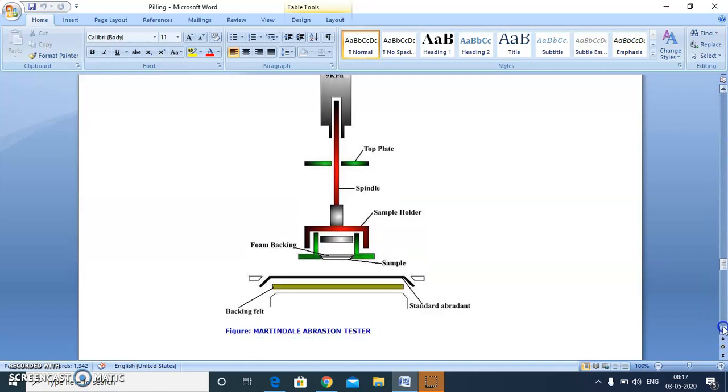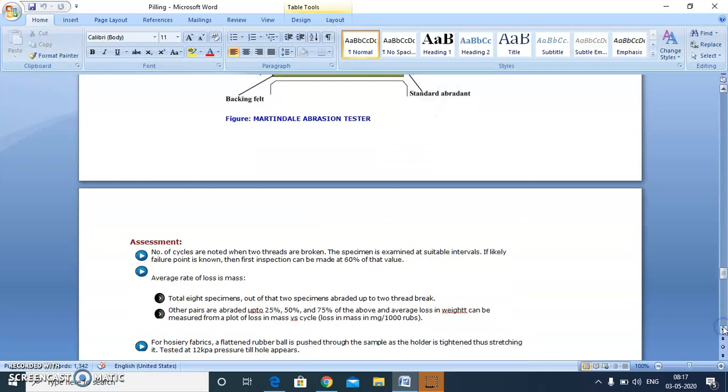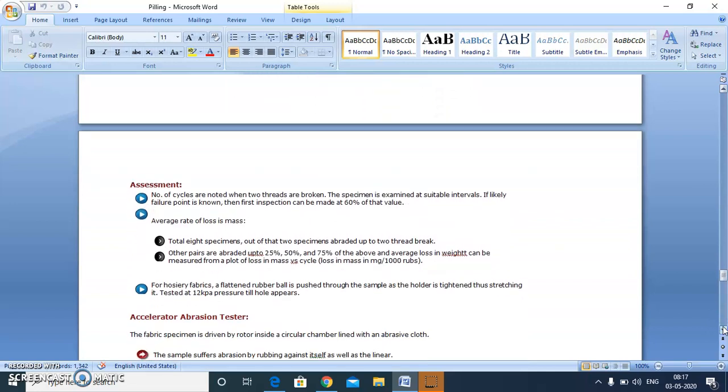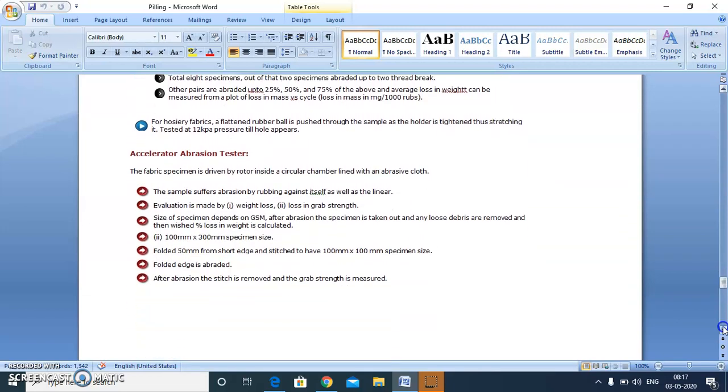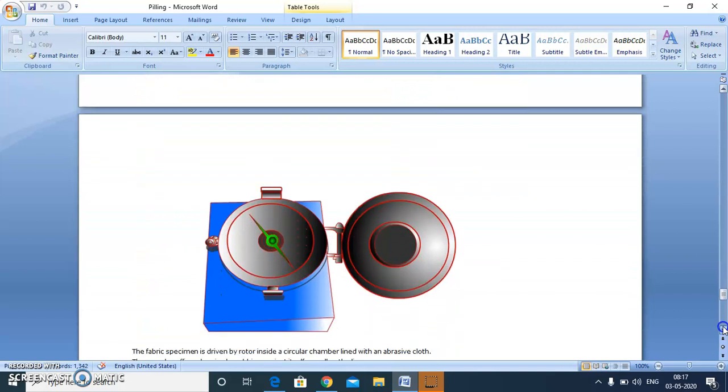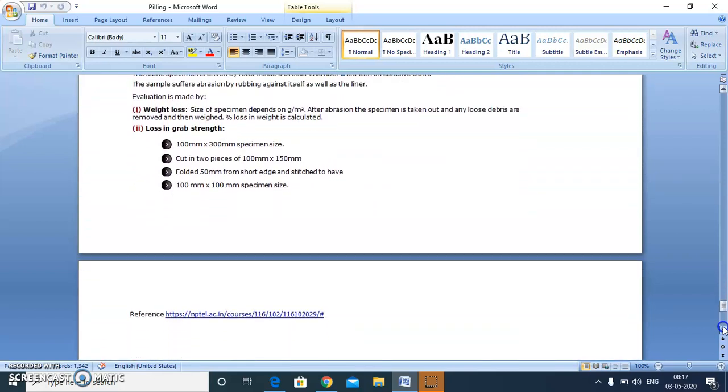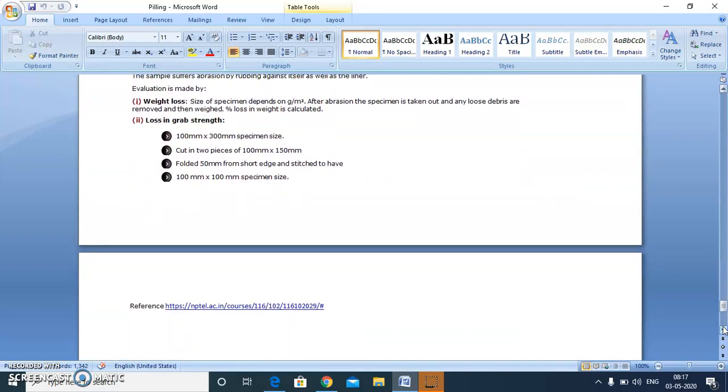Or abrasion results are reported in different forms. How we assess the result of an abrasion tester: we can measure the loss in thickness, loss in strength, or loss in weight of the specimen.